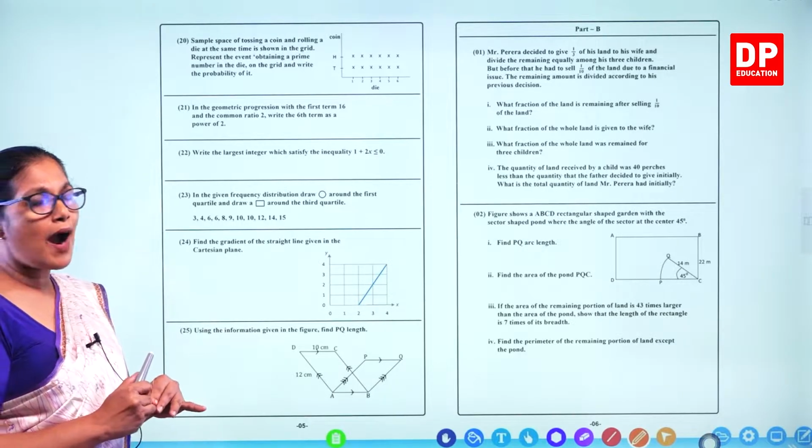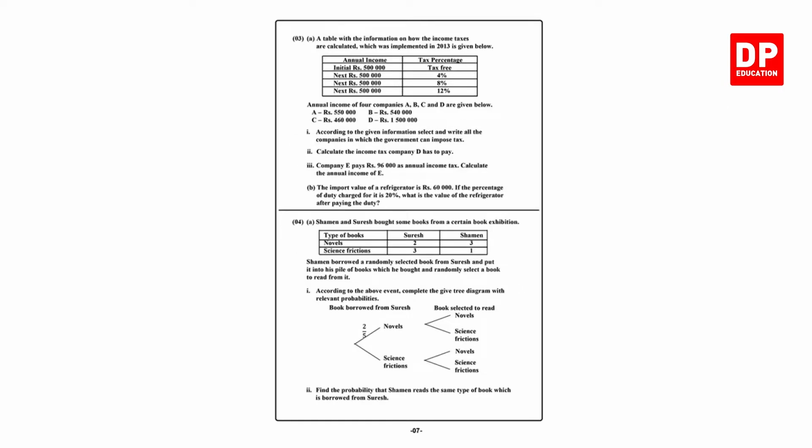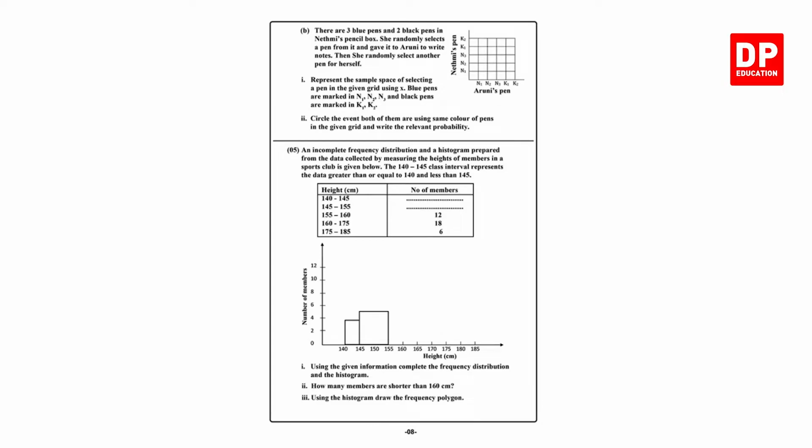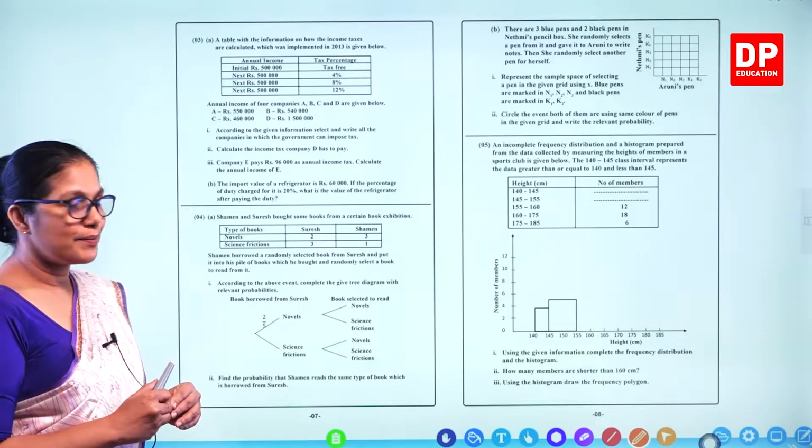Then you get part B. Part B, first page, questions 1 and 2. Second page, 3 and 4. And the last page for part B and question number 5. So let's do paper 1.